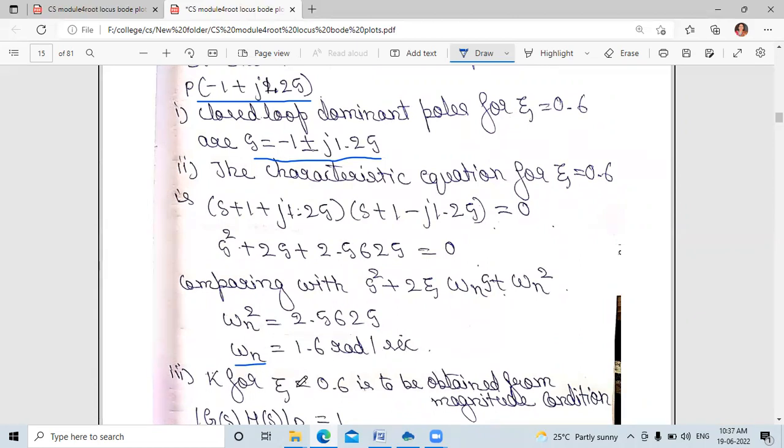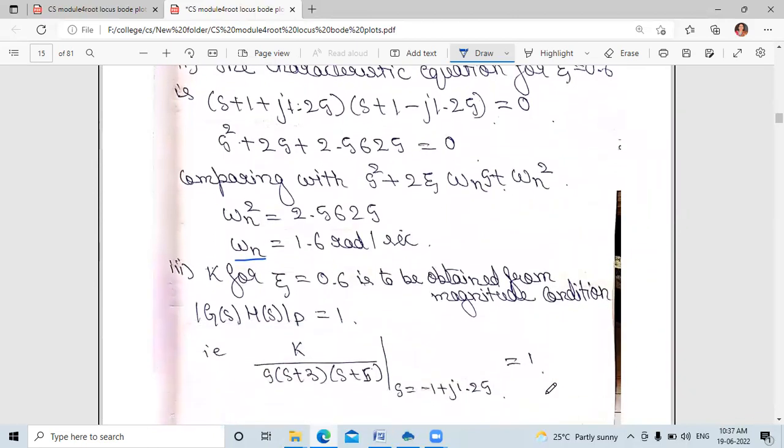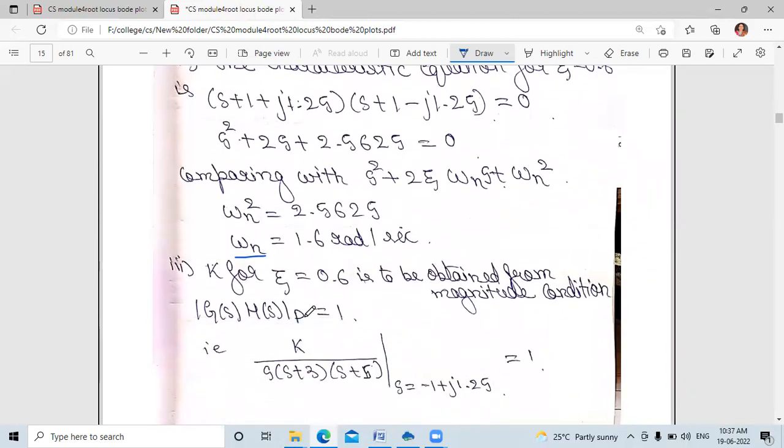And K for zeta equals 0.6, which they have given in the question, is to be obtained from the magnitude condition. What is the magnitude condition? |G(s)H(s)| equals 1. So here we substitute s equals minus 1 plus j 1.25.